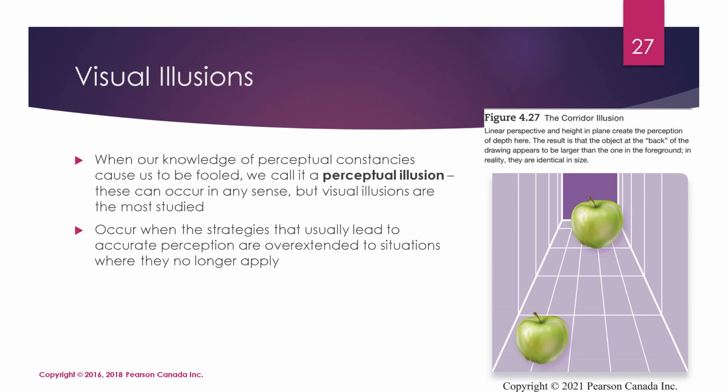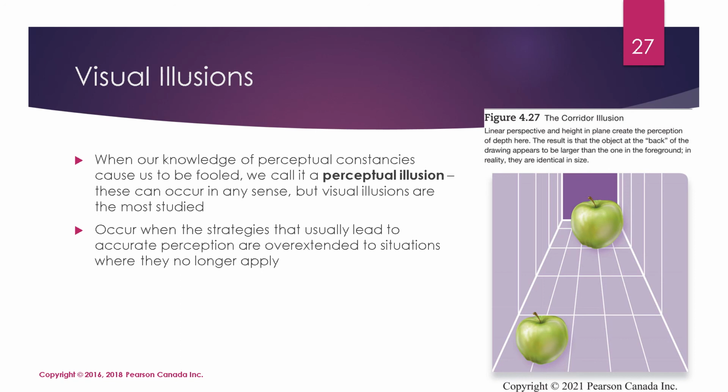So for example, if you look at this quarter illusion here, I just finished telling you that something that is closer to the convergence of those two parallel lines, which the top apple is, and something that is higher within the plane, which again the top apple is, typically tends to be perceived as smaller because it's further away. So typically it looks a lot smaller than the one that's closer to us.